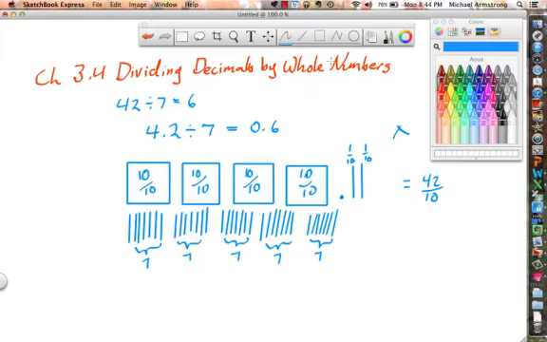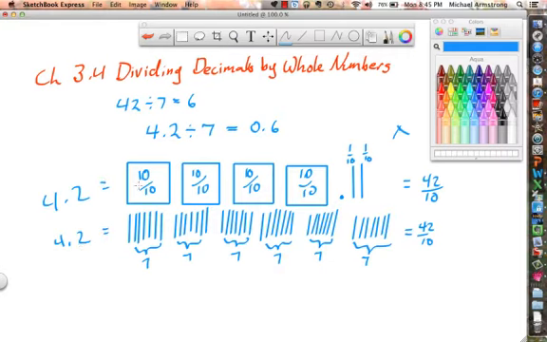But if I add one more group of 7, it should equal a total of 42 tenths. So each one of these is 42 tenths, or it's 4.2. Okay, 4.2, 4.2, 42 tenths. They're all equal to each other.